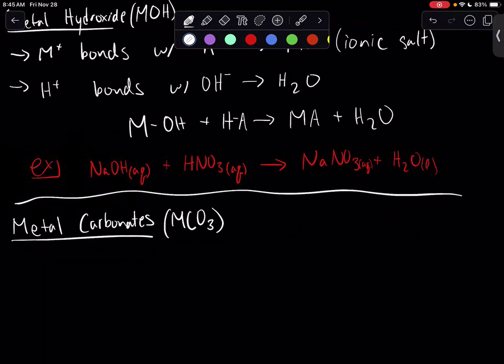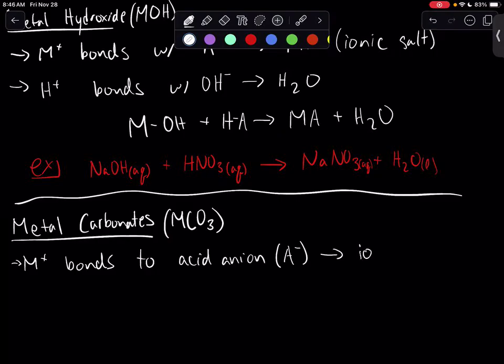Now, in this reaction, very much like in our other ones, the metal cation bonds to acid anion, A minus, and we will still produce an ionic salt, which we represent by MA.